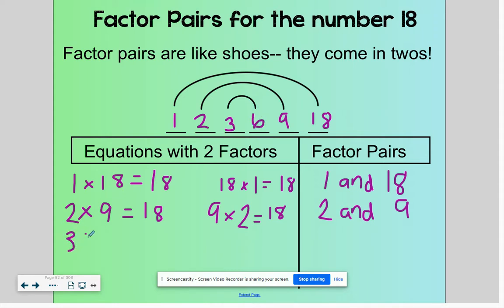So 3 times 6 is 18. And our turnaround fact of 6 times 3 equals 18 would also work. So our factor pair is 3 and 6. And there are no other numbers that multiply to get you 18.